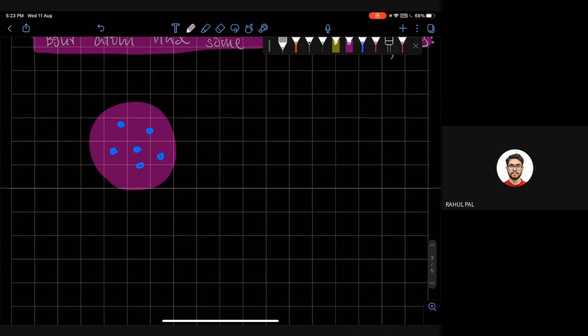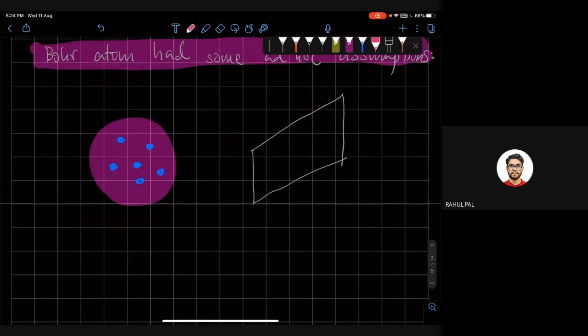Okay. But you're right. And then Rutherford took a very thin foil of gold, just a few atoms thick, and then he scattered some very high energy alpha particles, and what he found is that most of the alpha particles went just right through, and some had a little bit of bending, but not much.